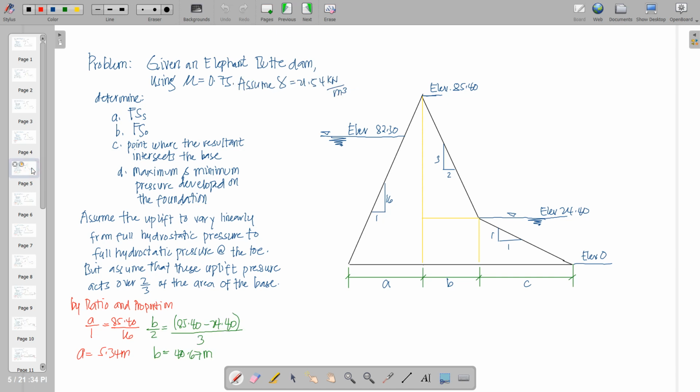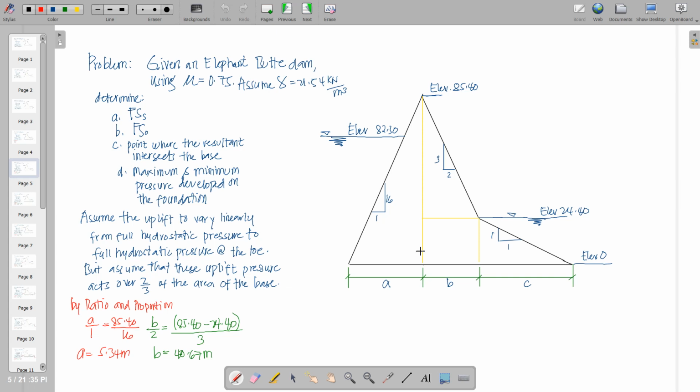Similarly, to get the value for the triangle adjacent to the slope 3:2, we are going to get the dimension B using this triangle here and its corresponding slope. So the slope is in terms of horizontal and vertical components.